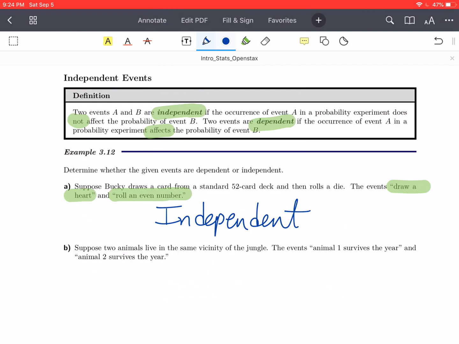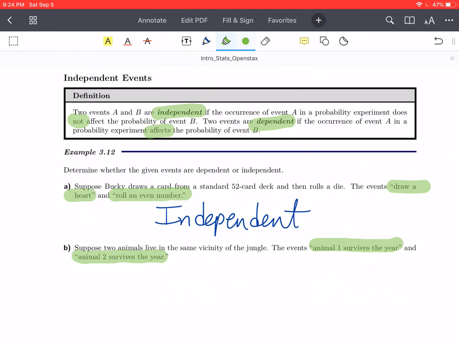For part B, suppose two animals live in the same vicinity of the jungle. The events are: animal 1 survives the year, and animal 2 survives the year. This one is a more interesting question, because it's not quite as clear-cut. There are arguments for both sides.